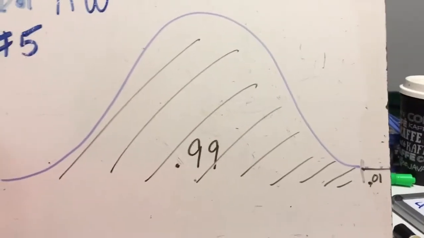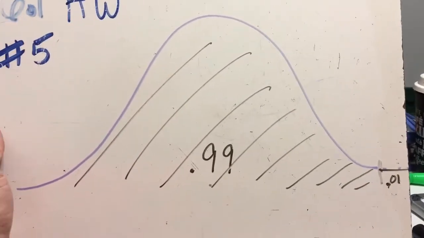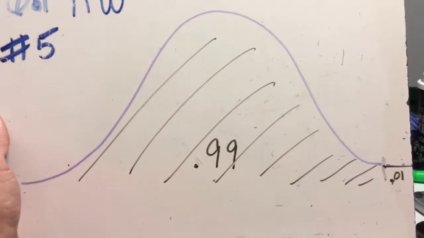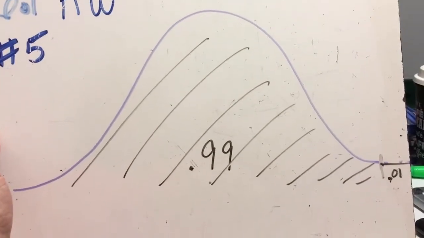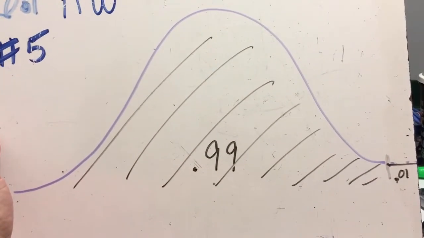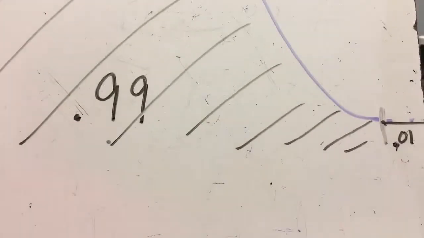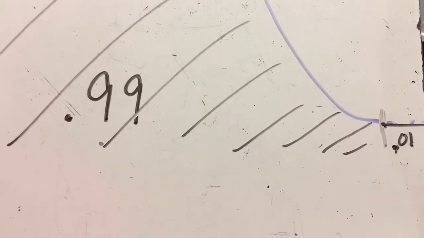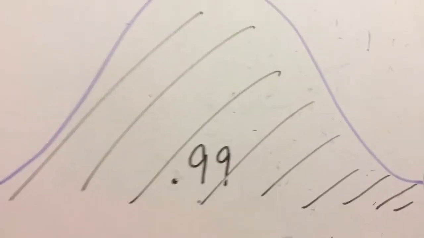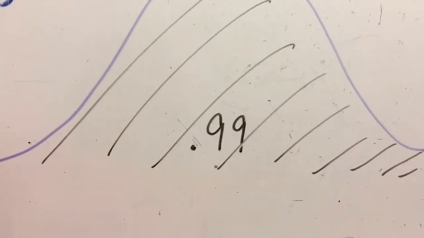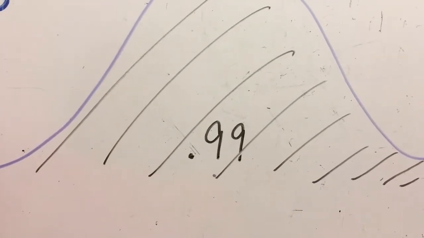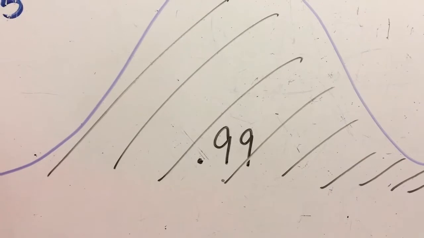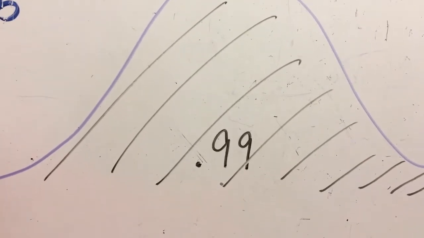Okay, so here's our graph. We're looking for the 99th percentile, and we're looking for the probability or the area to the left. Basically, if you look, I've got 0.01 right there on the right, and I've got 0.99 in the middle, and the area to the left of the curve would be 0.99.